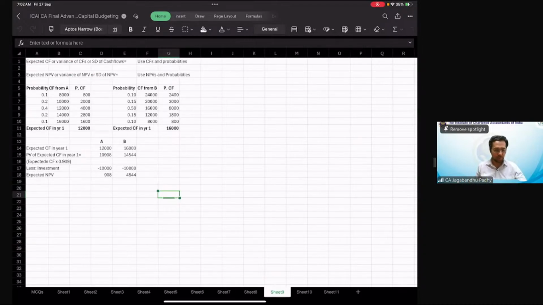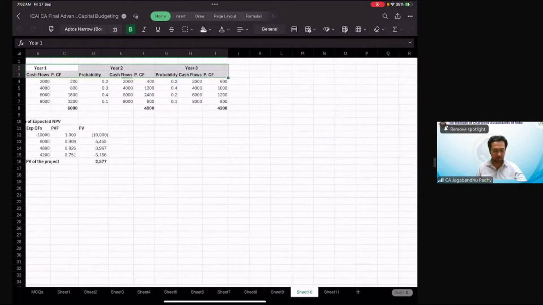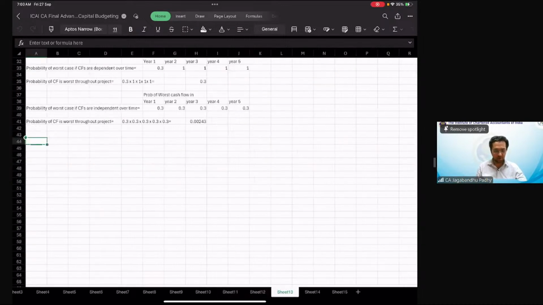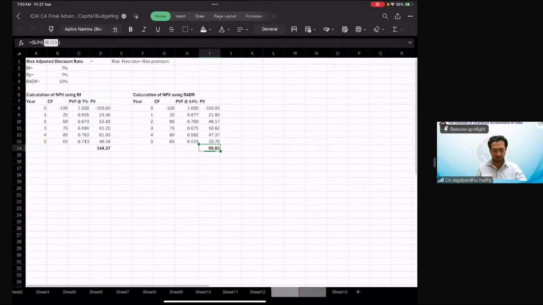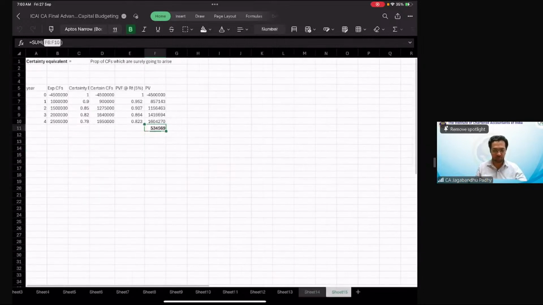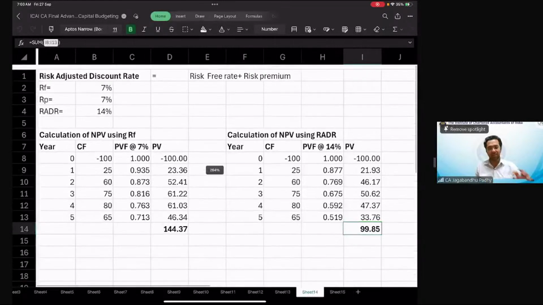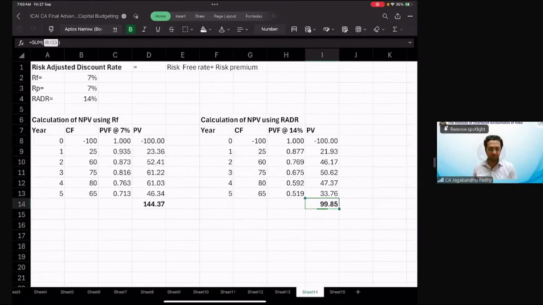Post that, we went ahead with the next technique called the scenario analysis, right? Or sorry, sensitivity analysis. Before that sensitivity analysis, we also took into account the risk-adjusted rate of return and the certainty equivalent portion. The risk-adjusted rate of return is basically the risk-free rate plus the risk premium that we add, and that risk premium depends on the risk of the project.